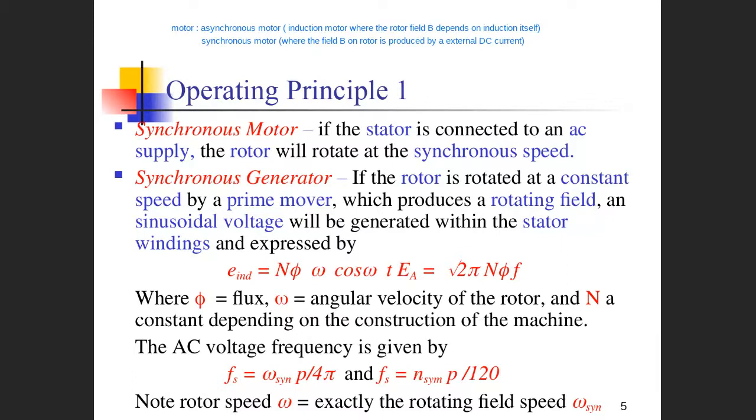Rotor current frequency is different from the synchronous speed, or we say the stator current frequency.